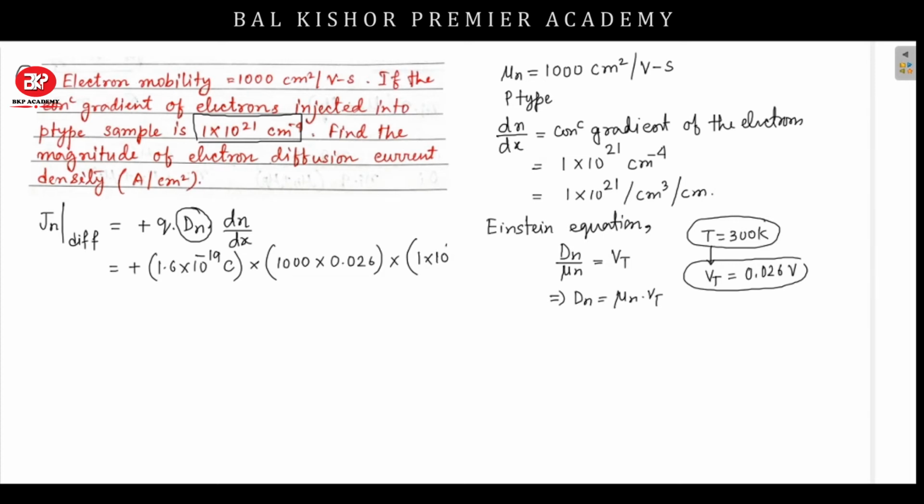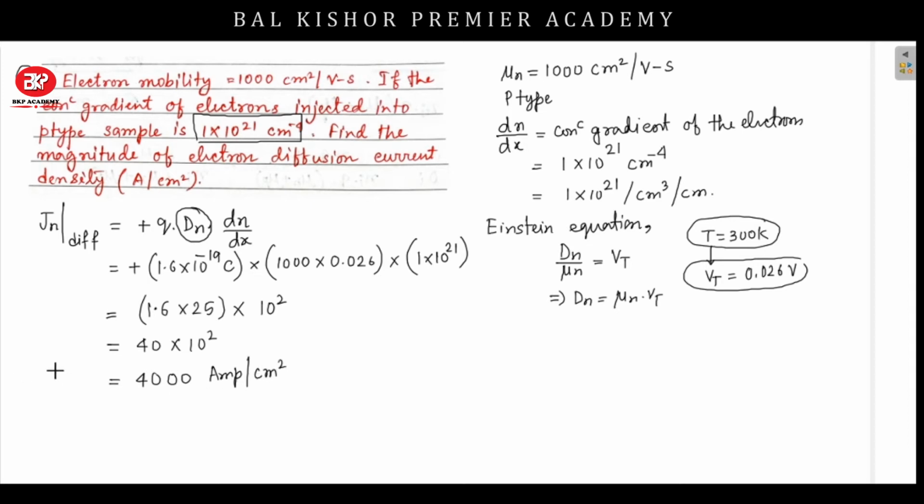From this equation if you calculate, you will get 1.6 into 25 into 10 to the power 2, that is 10 square. So ultimately it will come out to be 40 into 10 square, so 4000 ampere per centimeter square.